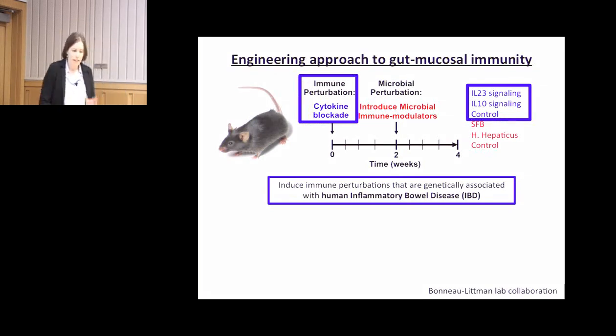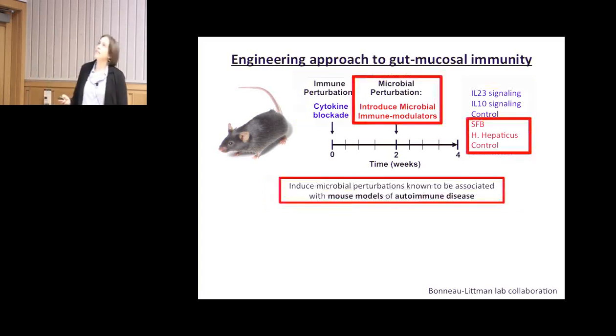And so you layer onto these mice a genetic defect that has been known to influence autoimmunity in humans. And then 2 weeks later, you layer on a microbial perturbation, adding SFB, H. hepaticus, or control. These two microbes, of course, have been associated with autoimmune disease already.